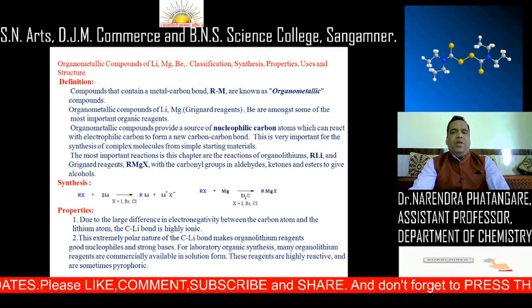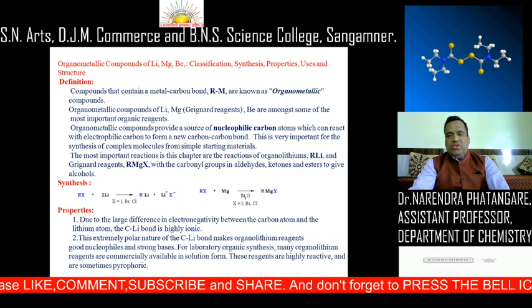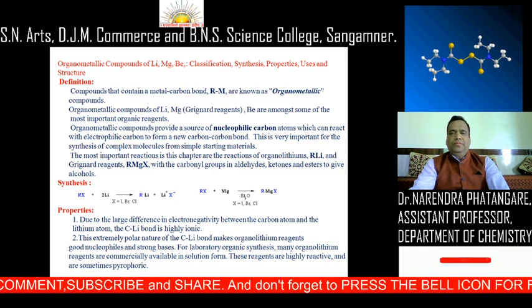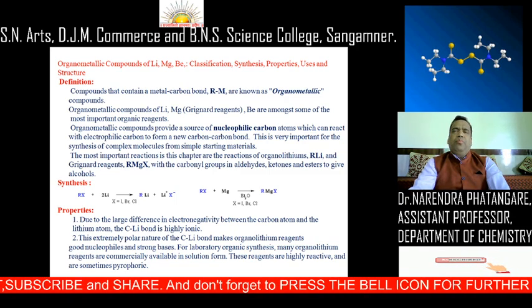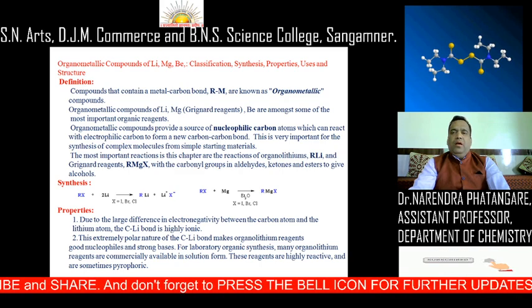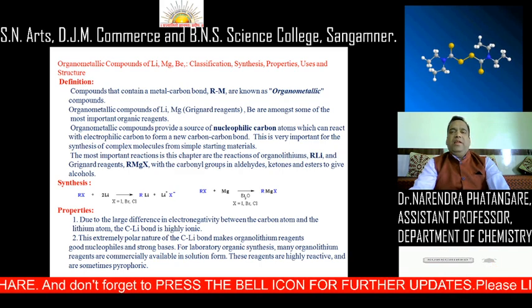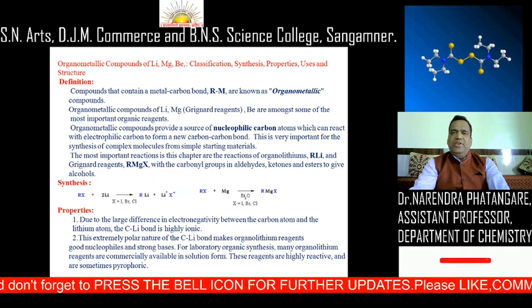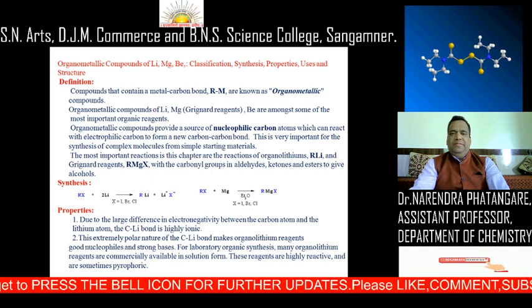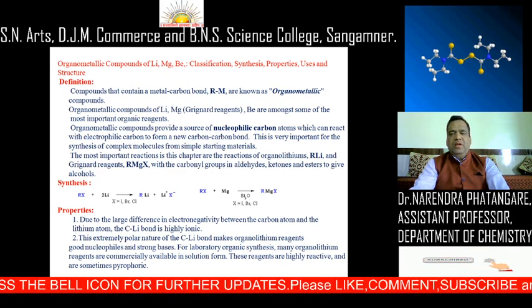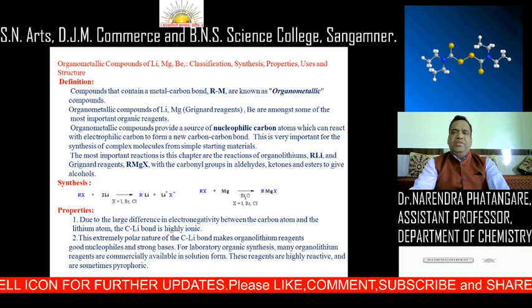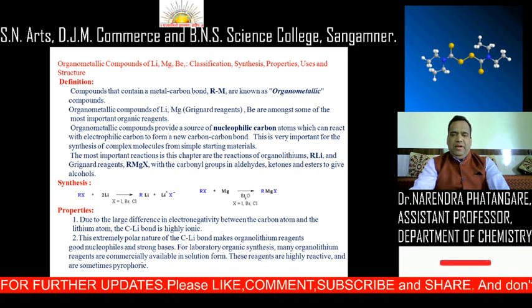The important compound among them is the Grignard reagent. Grignard, in 1902, investigated this important reagent, the Grignard reagent, which changed chemistry thereafter.